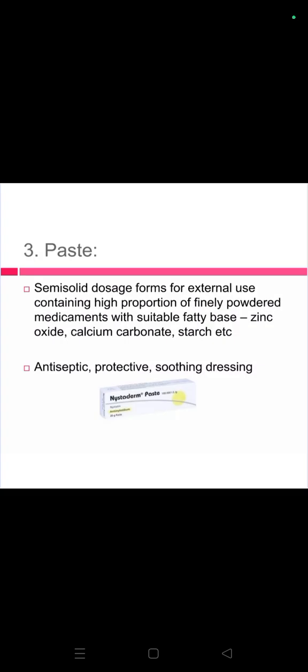Then third one is pastes. Semi-solid dosage forms for external use containing a high proportion of finely powdered medicaments with a suitable fatty base, for example, zinc oxide, calcium carbonate and starch, etc. Antiseptic, protective, soothing dressing. Then fourth one is gels.